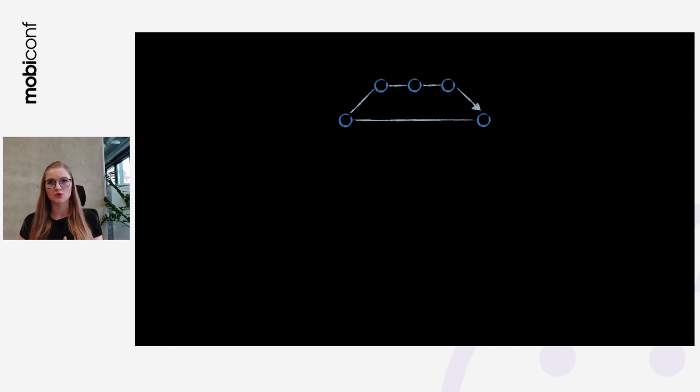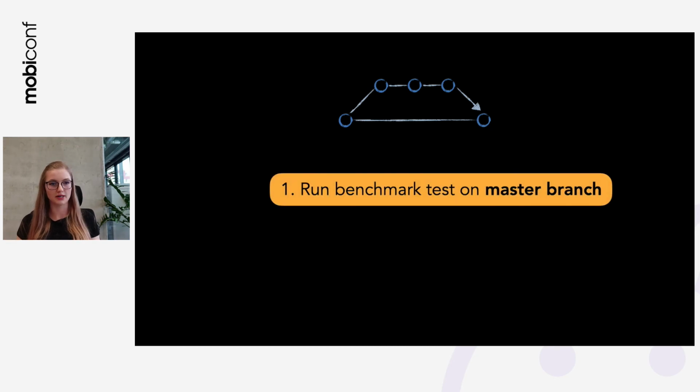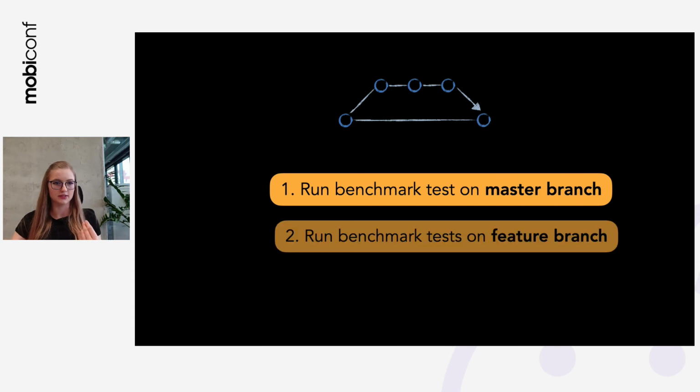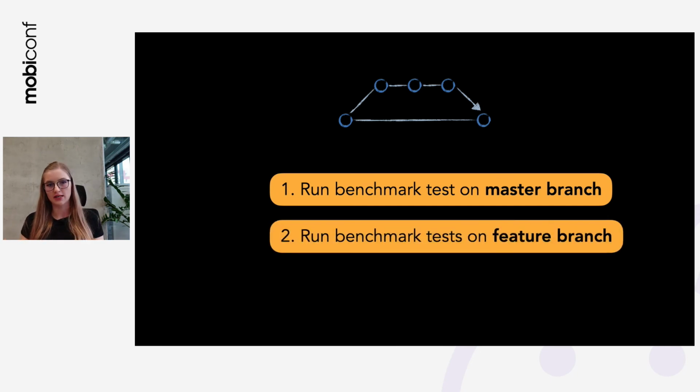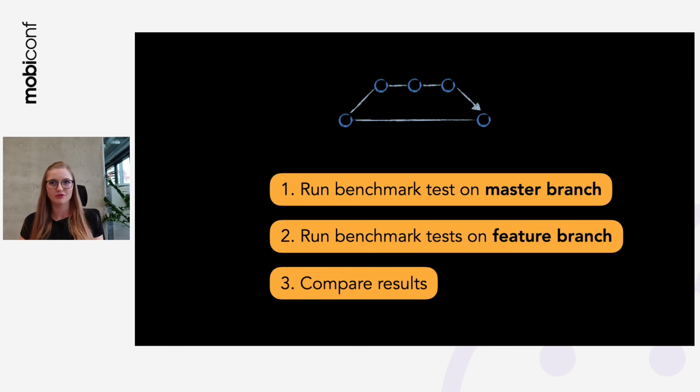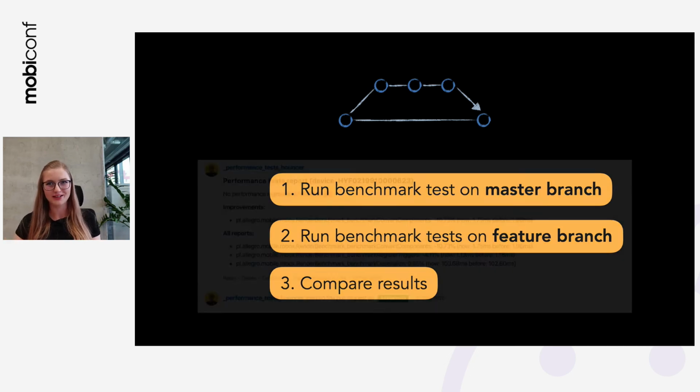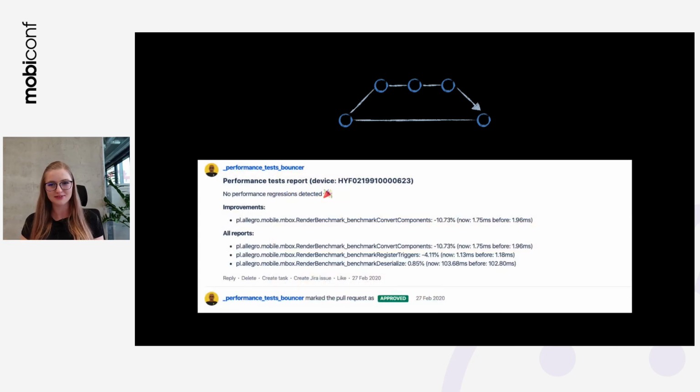And my plan was to create a script that will run all benchmark tests on the master branch, and then run all benchmark tests on the feature branch using the same physical device, and then compare those results. Nothing complicated. And those results were published as a comment to our pull request.